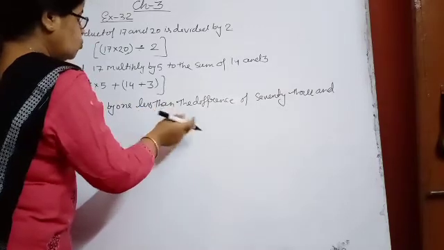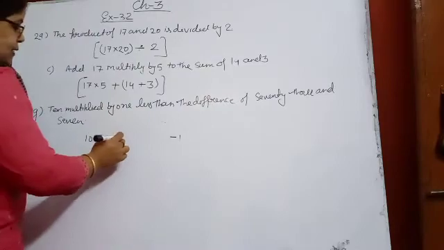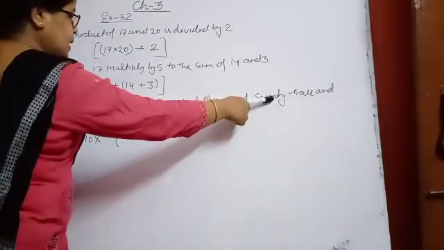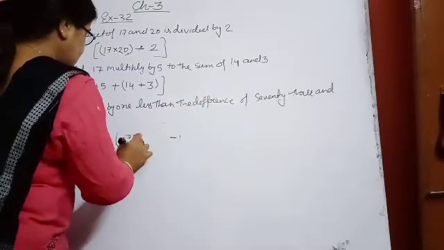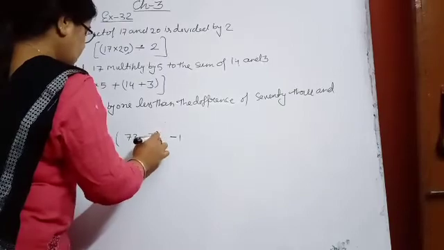The difference of 73 and 7. Difference of means minus: 73 minus 7.